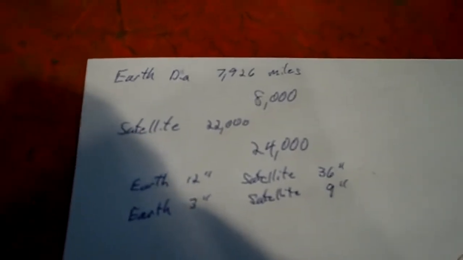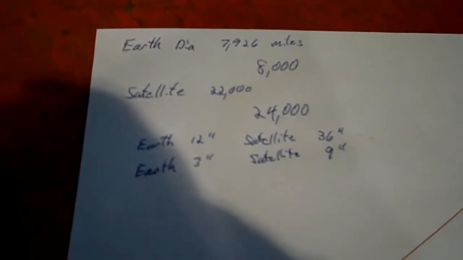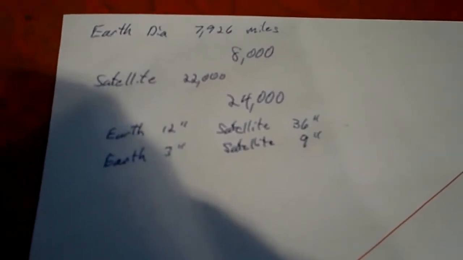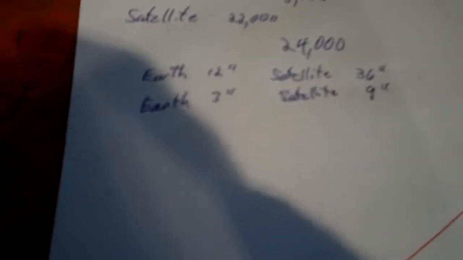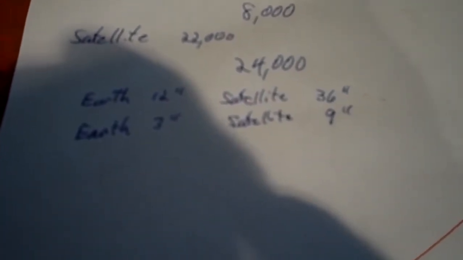So let's see what this looks like on paper. All right. If the Earth's diameter is rounded up to 8,000 miles and the satellite height is rounded up to 24,000 miles, well, with a 12-inch Earth, the satellite would only be 36 inches away. Or if the Earth was 3 inches, a satellite would be 9 inches away.